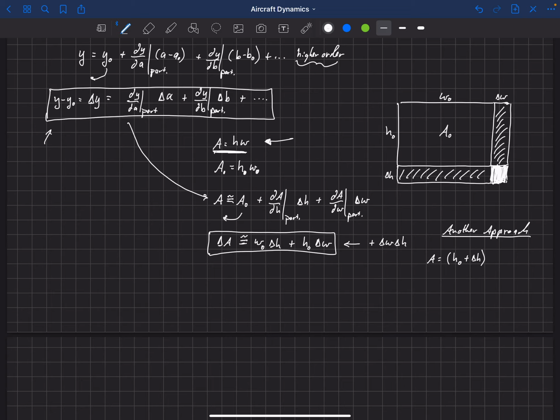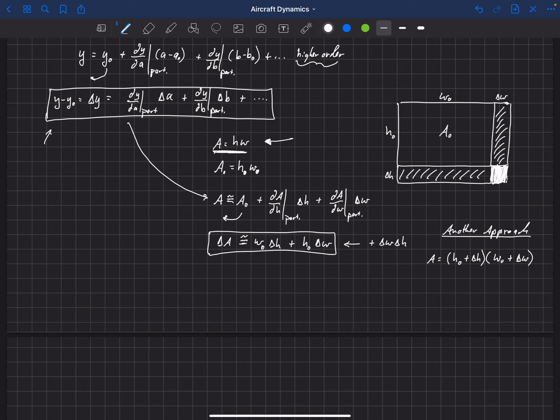So our actual general solution for the height is going to be H naught plus a delta H. So in general, our area is equal to the height, which I'm going to write as H naught plus delta H, times the width, which I'm going to write as some known width W naught plus a delta W. Okay, so that's my correct equation for this.